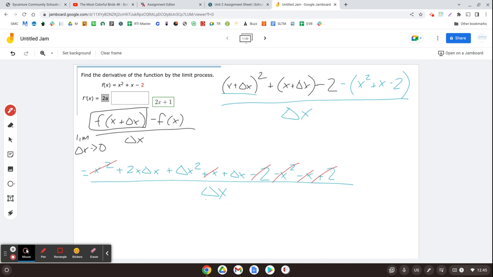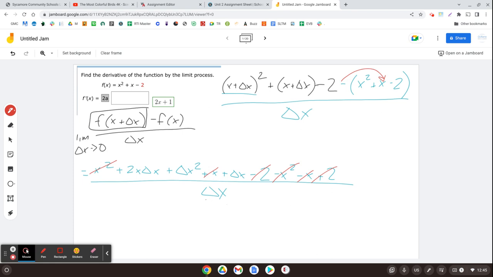Okay? You good with that? Where did the minus x come from? From this. You have to distribute. That's why I recommend using the parentheses. We're subtracting that whole thing, which could be considered multiplying all that by negative 1 and adding it.